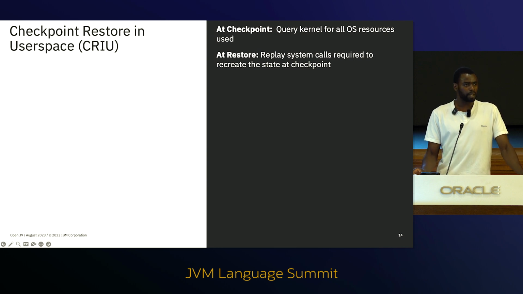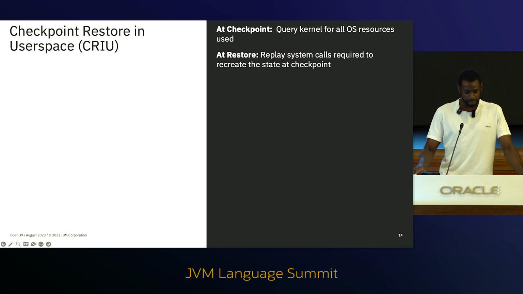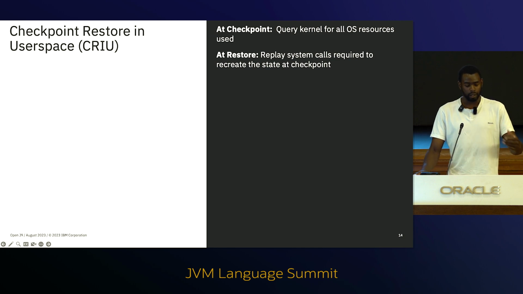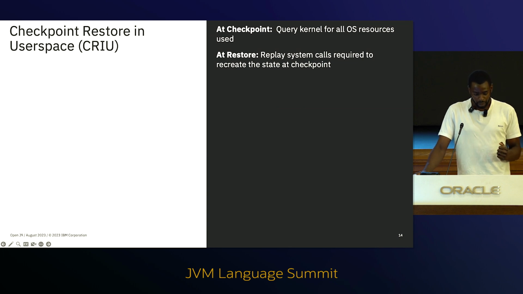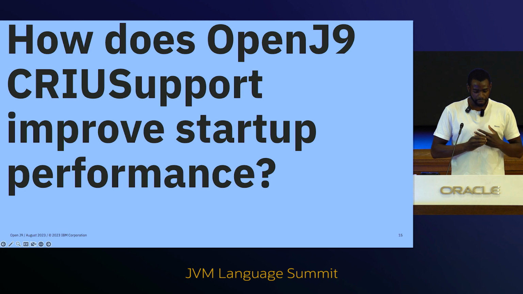It uses system calls like ptrace to interrogate the process and gain control of it, and netlink to obtain the networking state. And then it writes all of that information out to a file or files. At restore time, it replays system calls used to create that original state, maps back the memory, register values, etc., and resumes the application. It's a bit of a simplification, but on a high level, that's how it works.